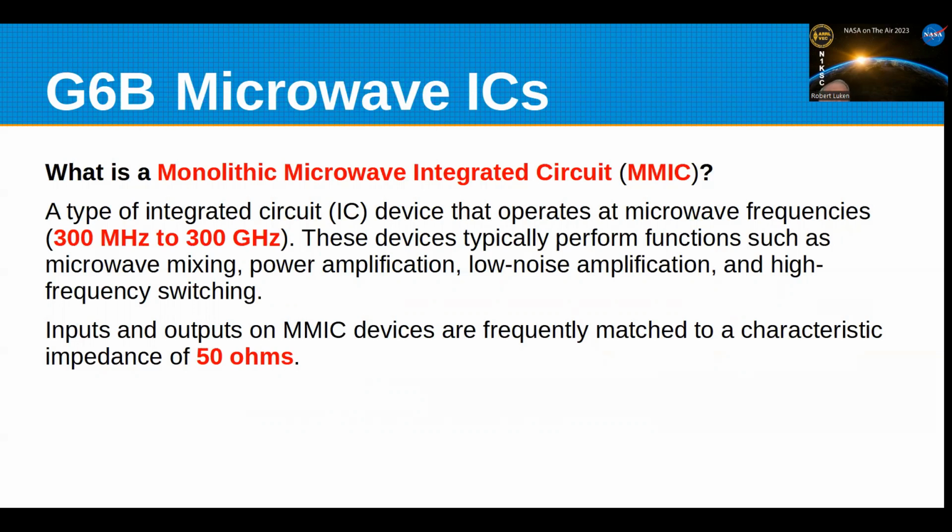And it's a single device that will have almost like a radio on it. And they're typically designed so that they have 50 ohm input-output impedance, so that you can easily connect them together. You connect them up with SMA connectors.